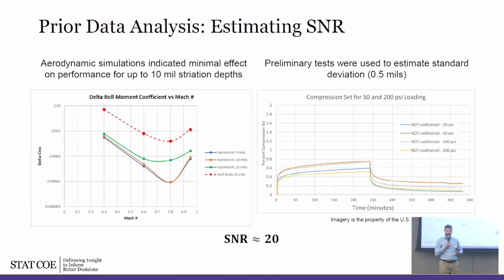How big of an effect do we need to detect? The noise is if we repeat the same thing, how different are our answers? Well, here we got a signal-to-noise ratio of 20. And anyone who's familiar with that knows that usually makes testing really easy. Okay? The things we need to detect are so much bigger than the noise in the system that could obscure them.